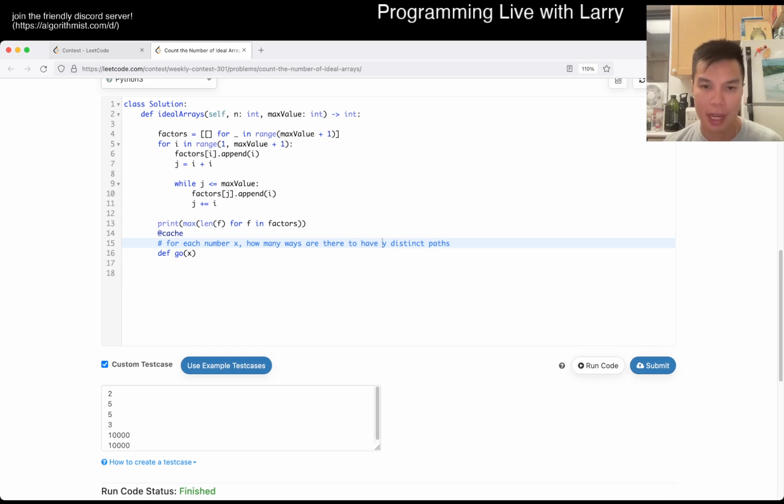Or a path with y elements. Okay. And because this will be at most 60, we should be able to do it for every number. Okay, let's try it that way.